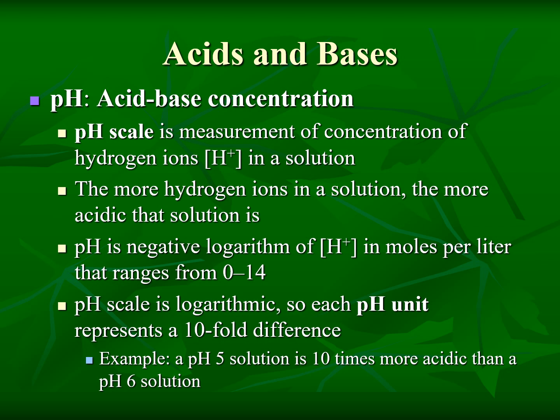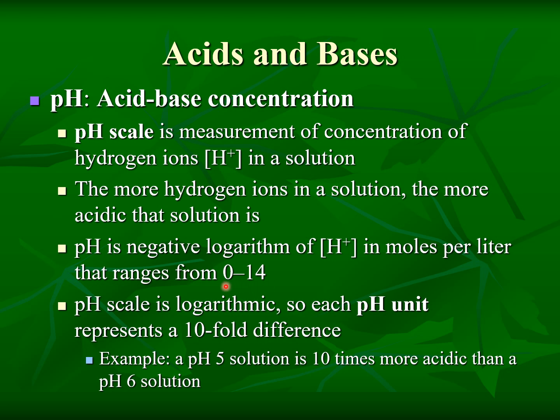Because they use a negative log, and you don't have to worry too much about it, just know that the pH scale is logarithmic, so there's a tenfold difference between numbers. If you have a solution of pH 4 and a solution of pH 5, the 4 is going to be 100 times more acidic than the 5. Or excuse me, 10 times more acidic.